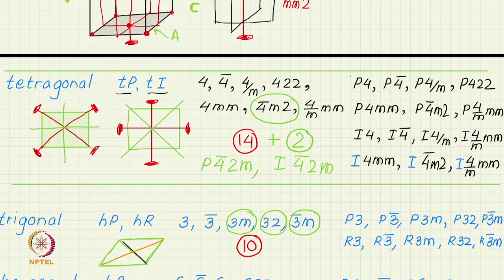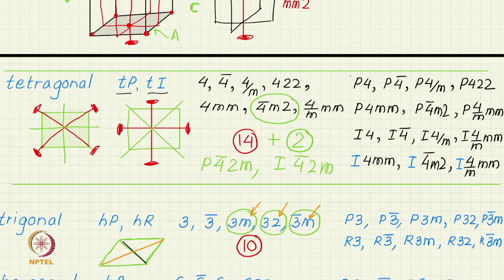These two directions are not symmetry equivalent. So, the question is whether I am placing the mirror in 3M and 3 bar M or the two-fold in 32 along the short diagonal or the long diagonal. Depending on that, you will get two different kinds of space groups.